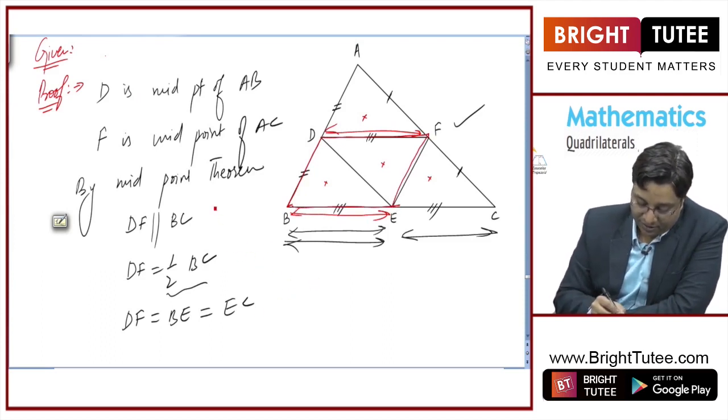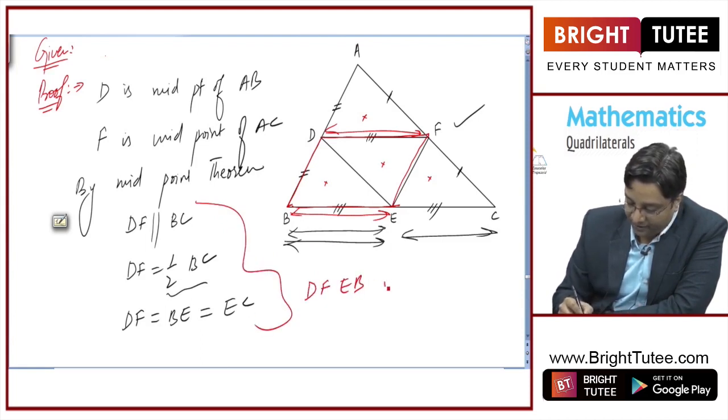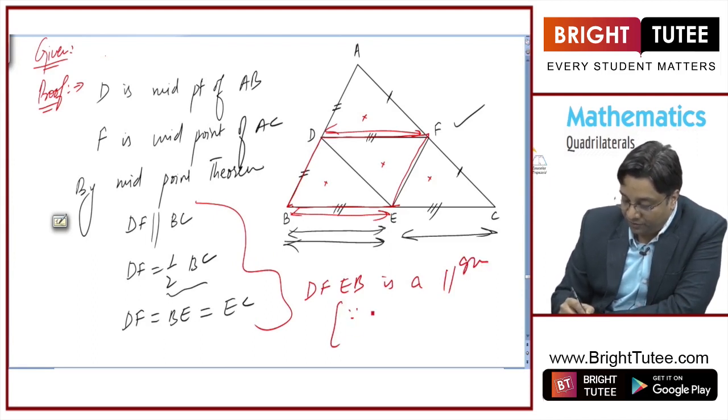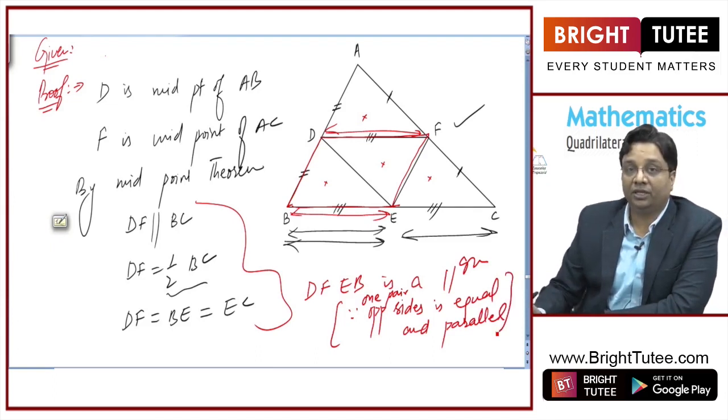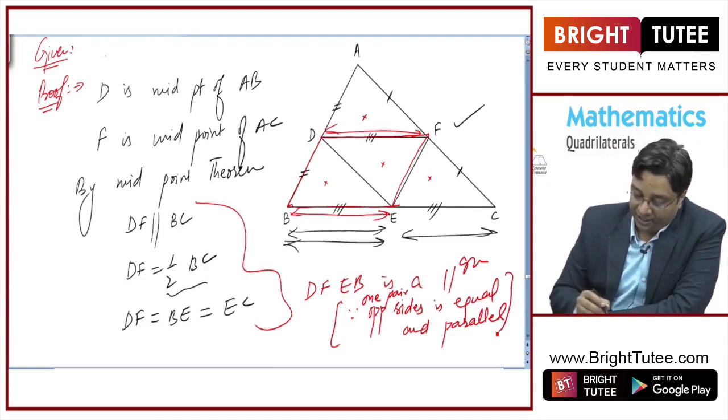Why? Because we have proved that one pair of opposite sides is equal and parallel, and this much is enough for a quadrilateral to become a parallelogram. So DFEB is a parallelogram.